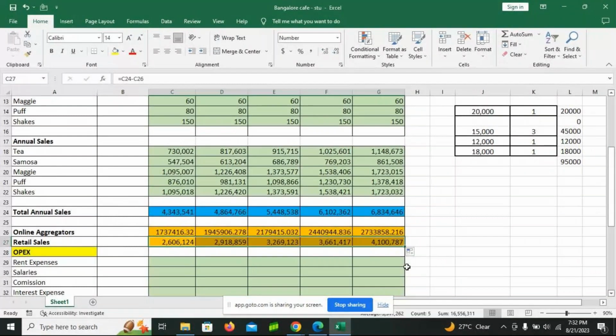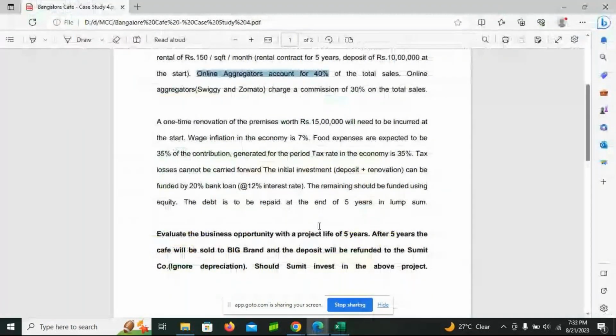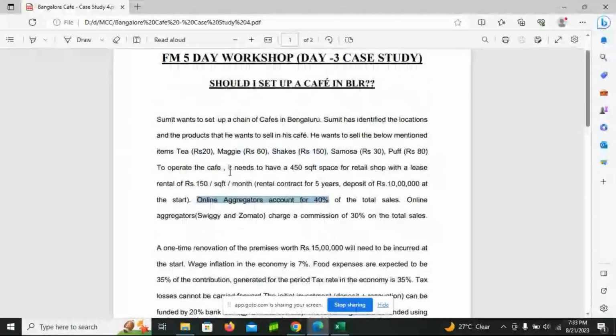Next, rent expenses. We have to calculate rent, how much they are telling. 4,500 square feet, at 150 per square feet for 1 month.